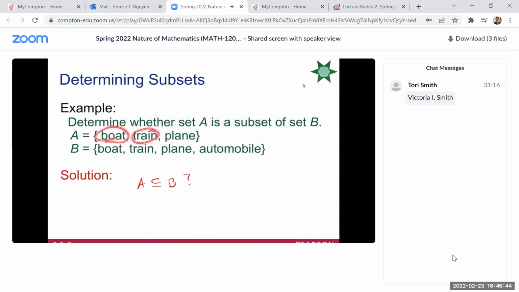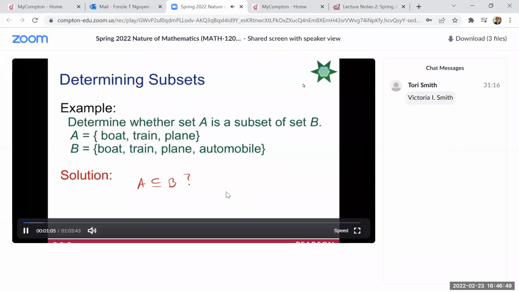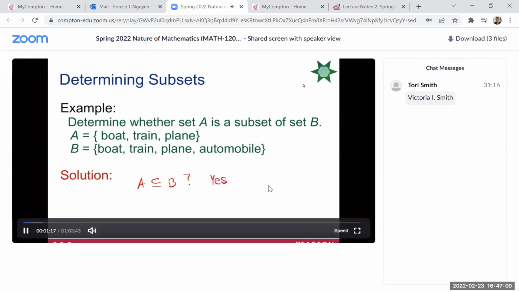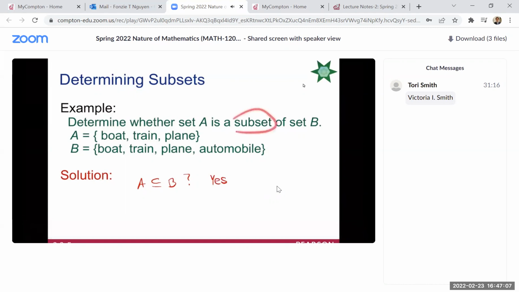Both of them have boat, both of them have train and plane, but automobile, why would you still say yes? Because I did my reading, but I just couldn't understand why it is still a subset if B has automobile and A doesn't. Oh, okay. Because subset just means it has to be... Okay, I get it. As long as all of these are in here, then that means it is a subset.